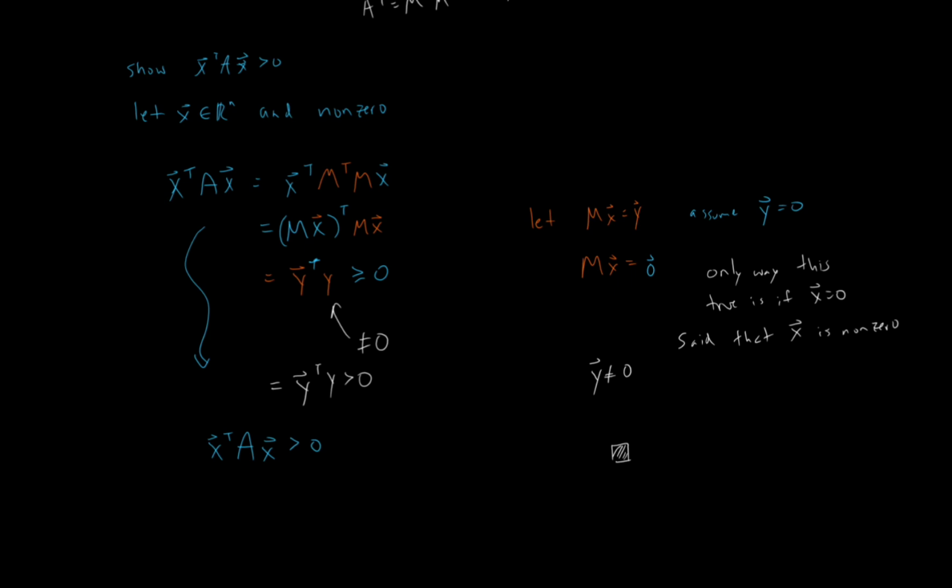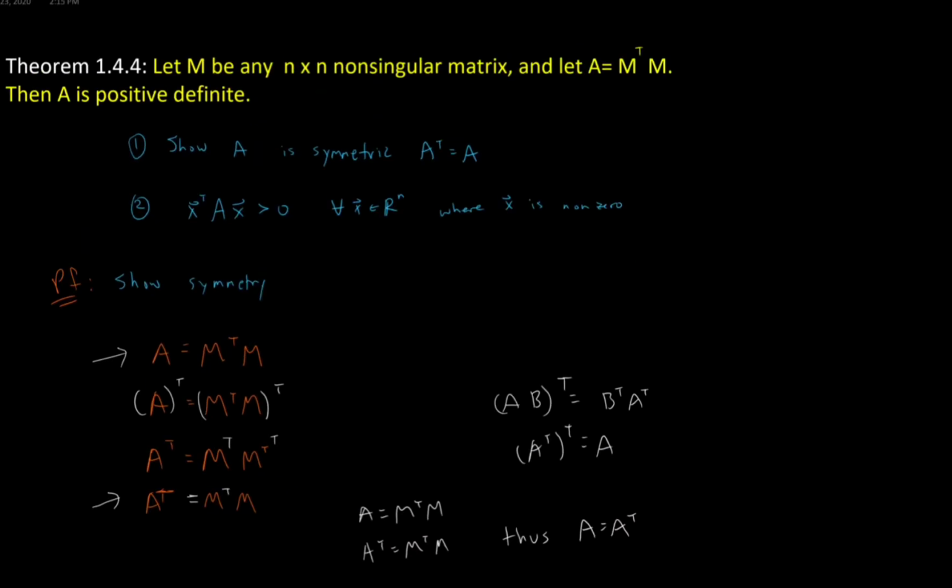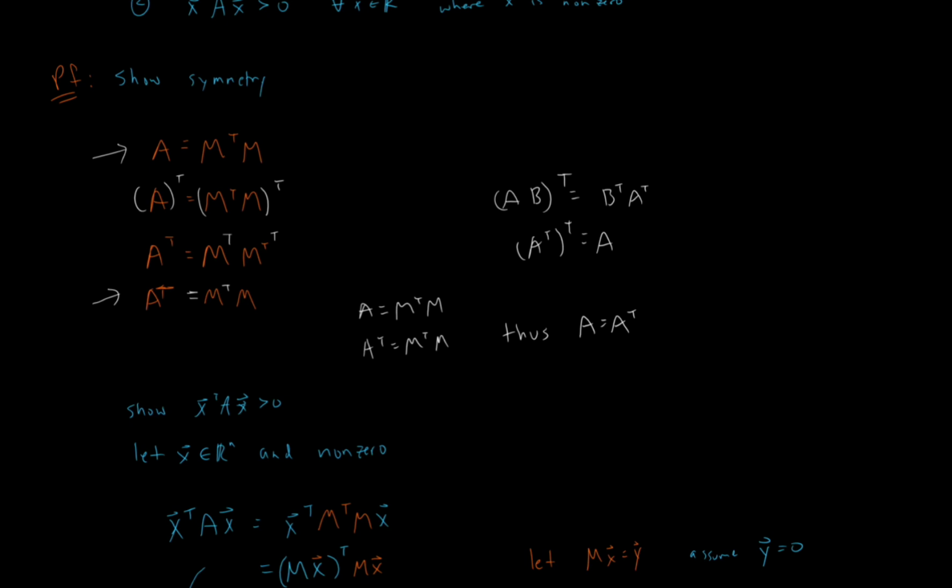So to summarize, we have M is a non-singular matrix and A is M transpose times M. We're trying to show that it's positive definite. We need to show two things. One, that A is symmetric, and two, that for any non-zero X, X transpose times A times X is greater than 0. Symmetry is pretty straightforward using the properties of transpose.